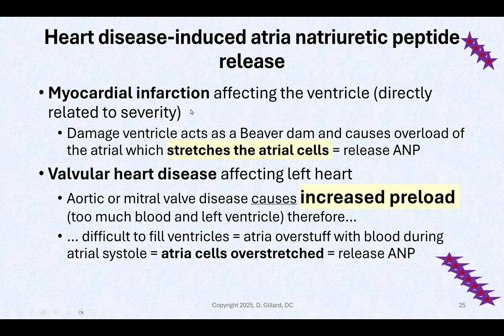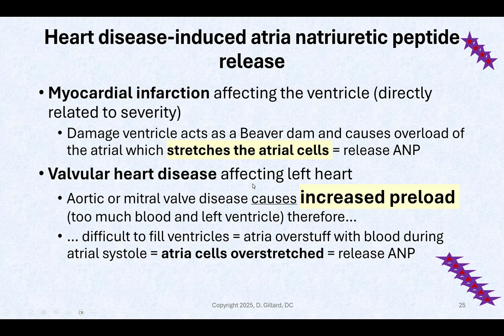The afterload is too high. And therefore, when the next cycle occurs, tons of blood squeezes into the ventricles and overstretches the ventricles to the point it backs blood up into the atria, and the atria get overstretched. And that overstretching of the atria causes the release of ANP.